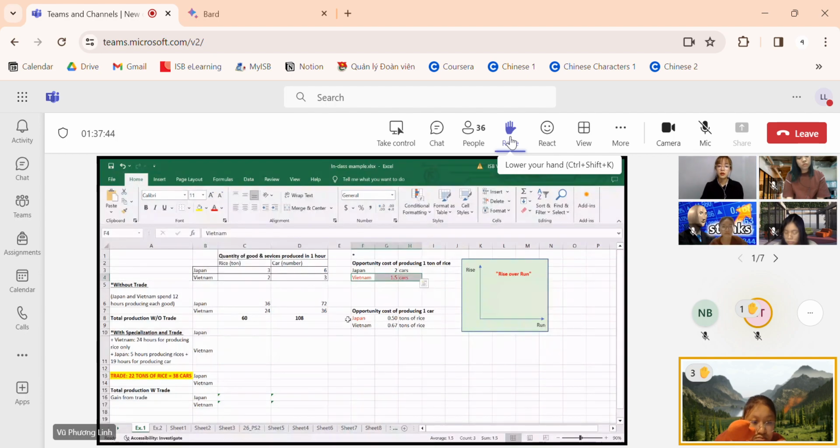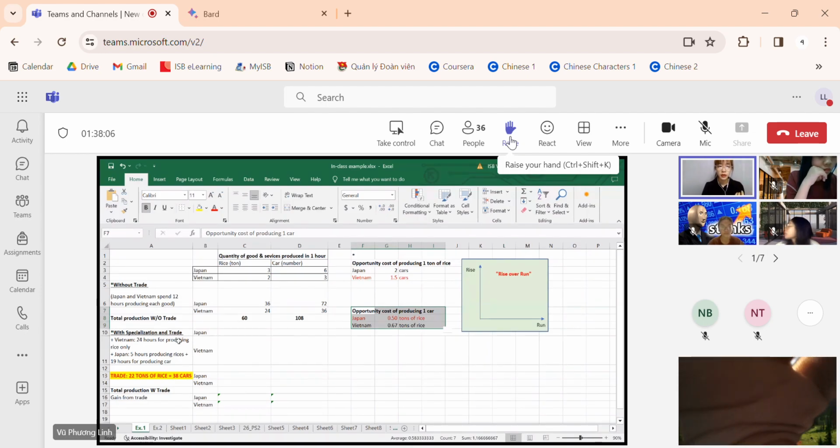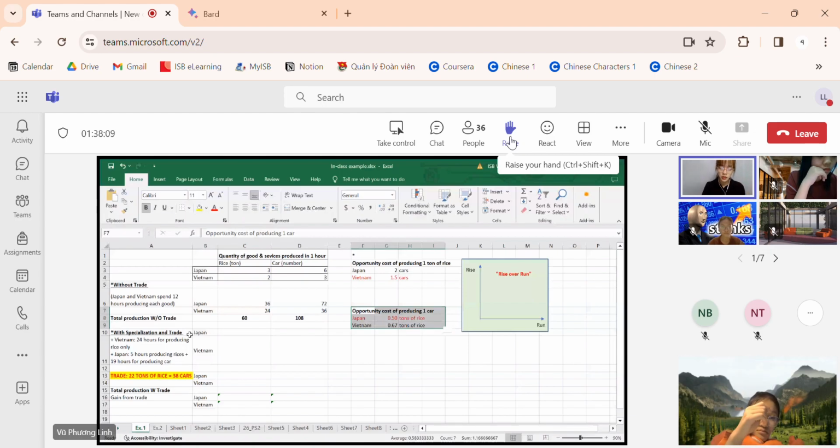All right, so that is our answer for the comparative advantage. Vietnam has a lower opportunity cost in rice production, so Vietnam has the comparative advantage in rice, and similarly for Japan. So now Japan and Vietnam will focus on their comparative advantage to produce and trade. That is also their specialization.